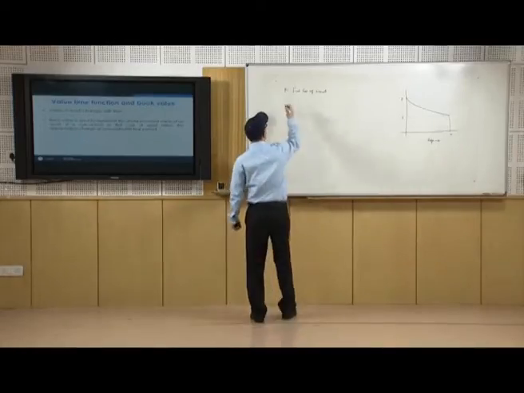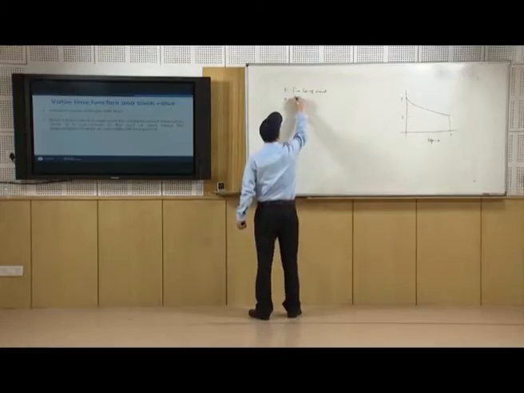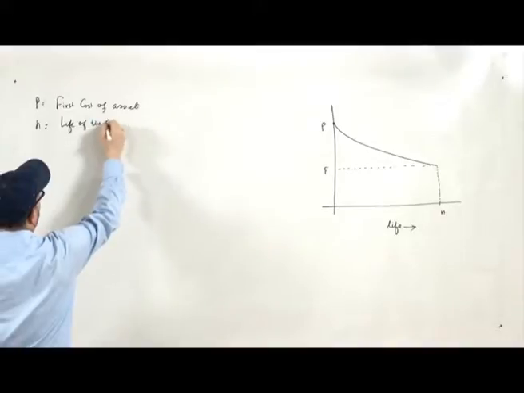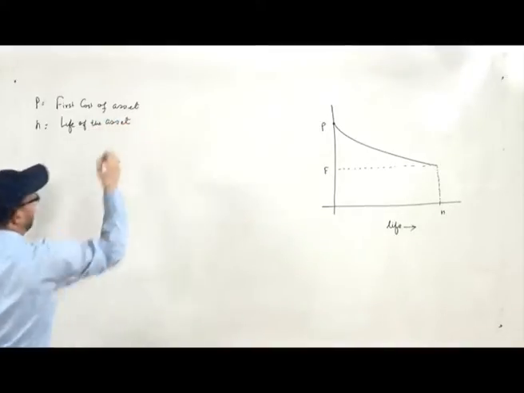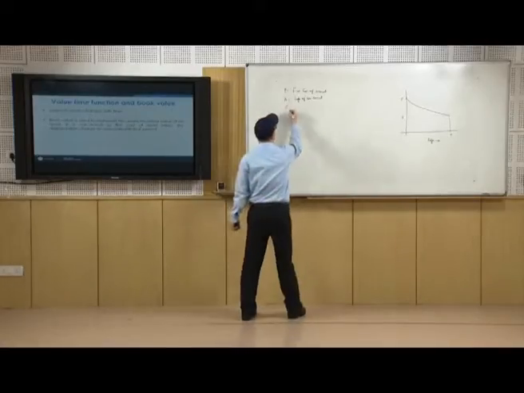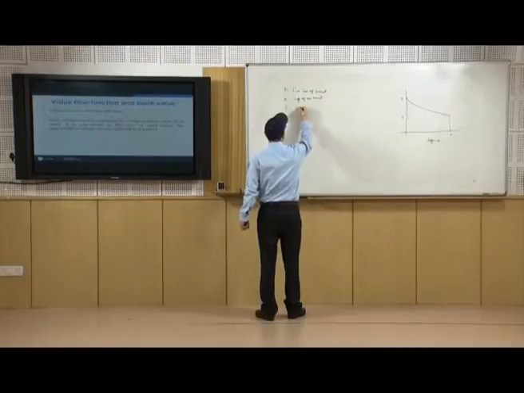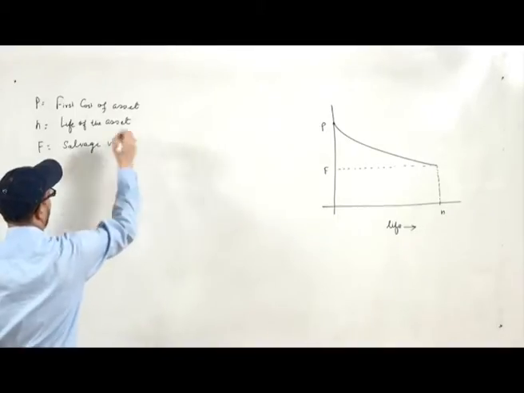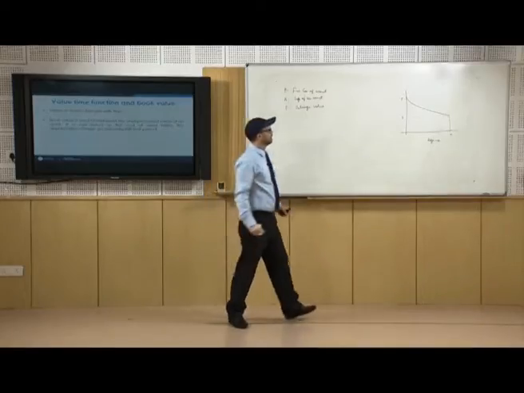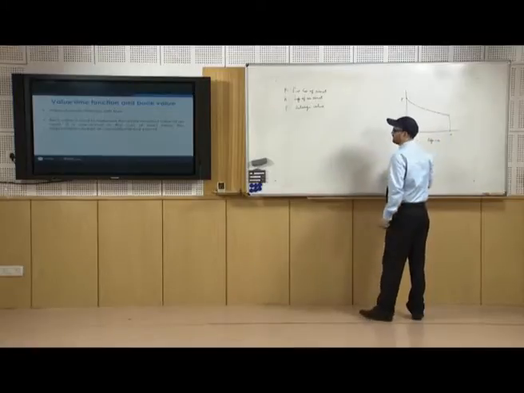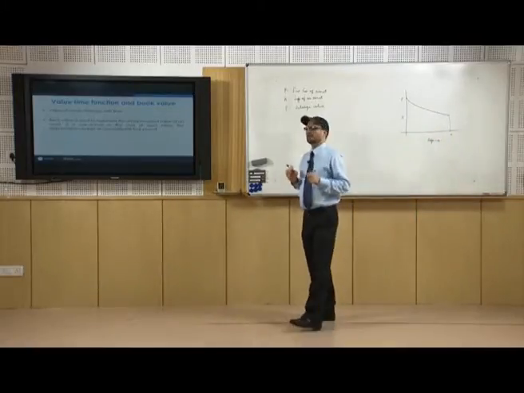So, if n is the life of the asset, the value of the asset at the end of its life is known as the salvage value. As we discussed, this function can be of any type, and this is known as a value-time function.